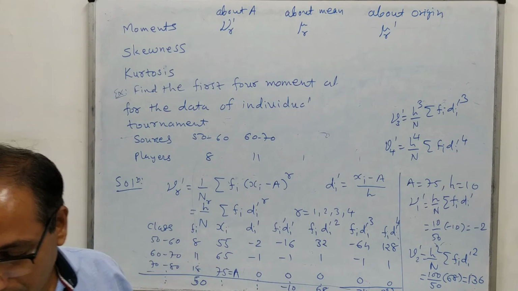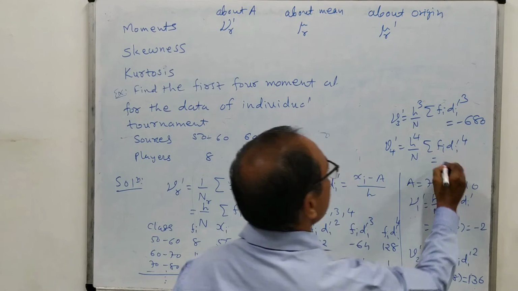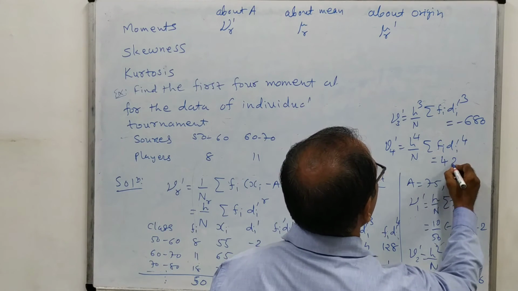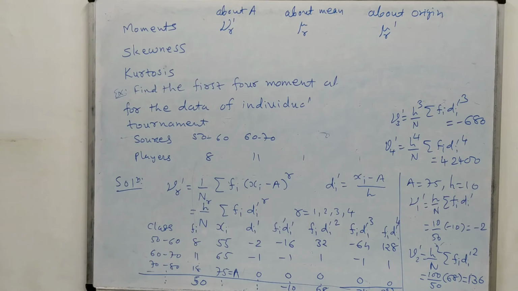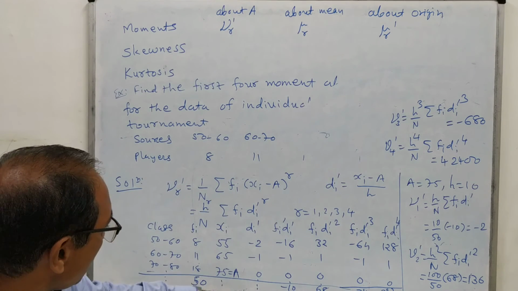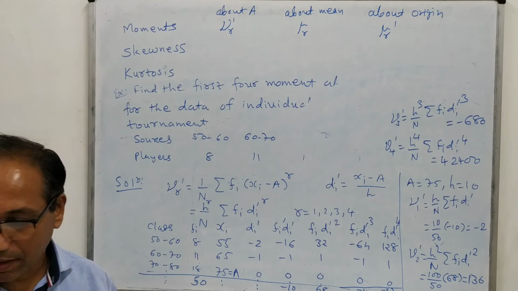So its answer will be minus 680, and its answer will be 42400. So now you can verify all these values yourself. You use your calculator and then find out the values of mu3 dash, mu4 dash. You can also do the rest of the part of this table yourself.